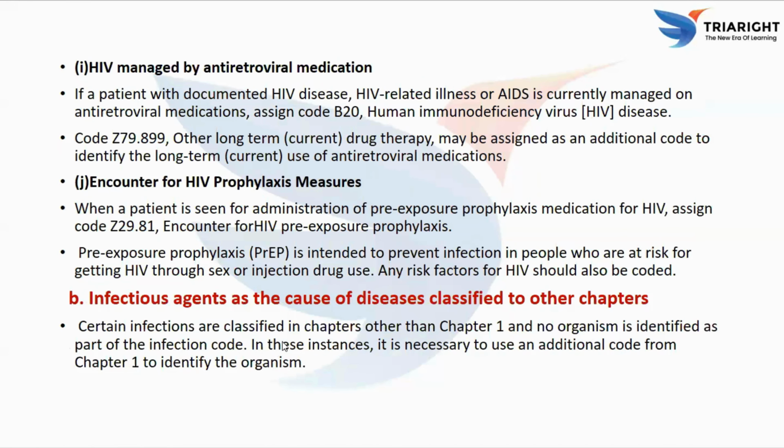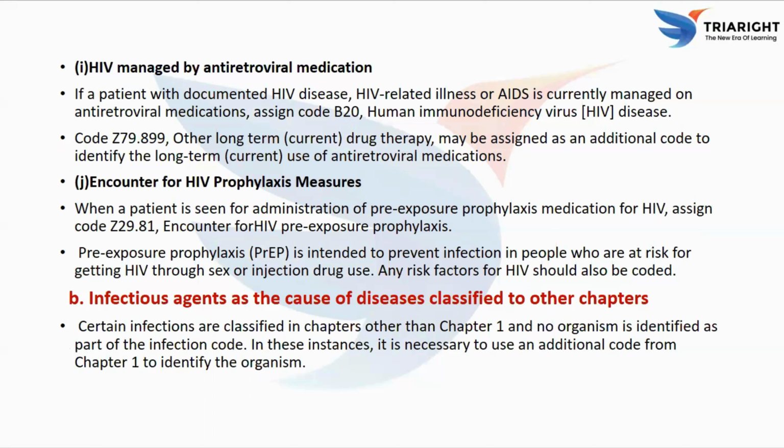The next guideline, I, is about HIV managed by antiretroviral medication. What does this mean? The patient has documented HIV disease or an HIV related illness. How would you code? First, you assign B20 for HIV disease, because anyone on antiretroviral therapy is considered to have HIV disease even if symptoms are controlled. Then the second code is Z79.899 for long-term drug therapy.